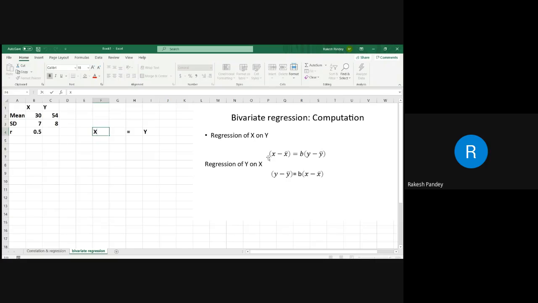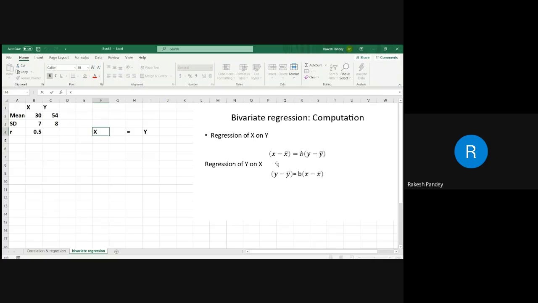Then you just put x bar on this side of x. So x is on the left side, so how much will we subtract from x? x bar. And from y we will subtract y bar. The only difference is that we will put b on this side. Now, I cannot write all the things, but I would request you to take a note. We can simplify this regression equation in the form x is equal to a plus by.